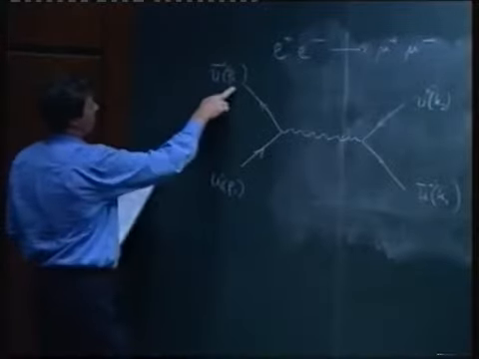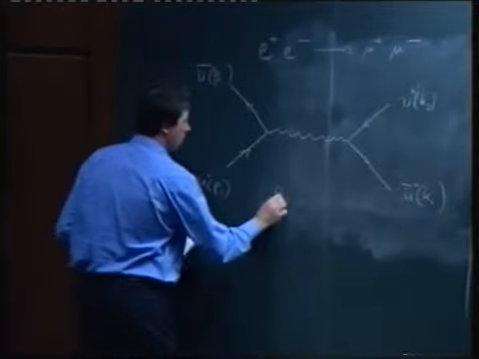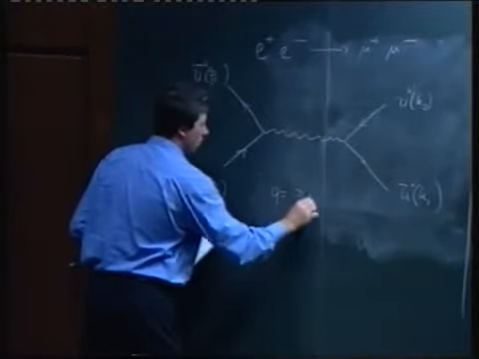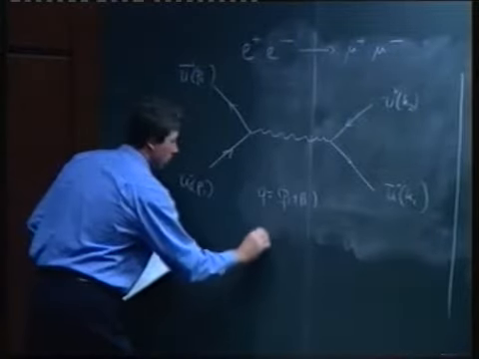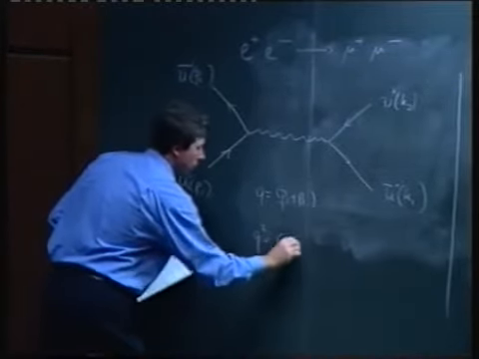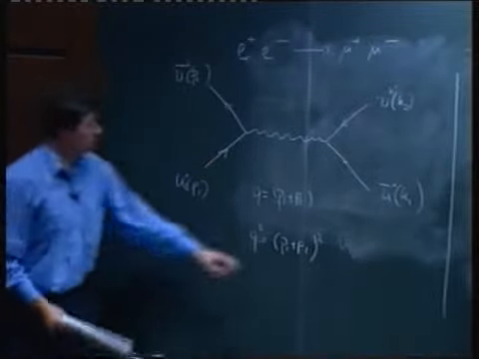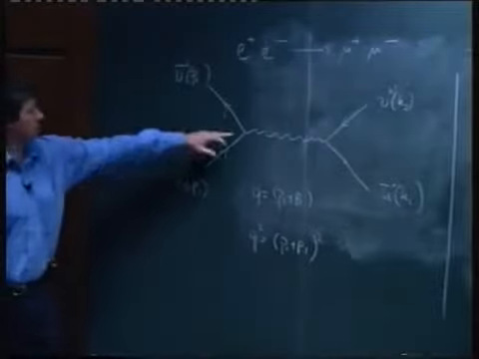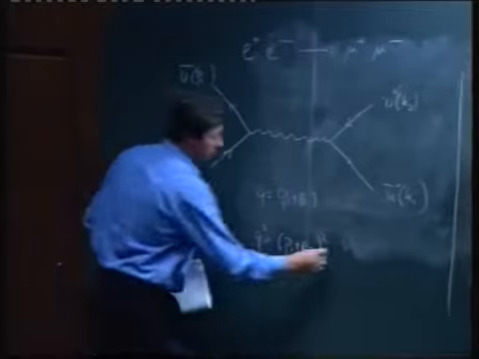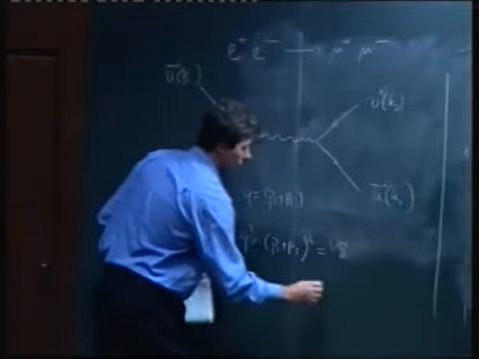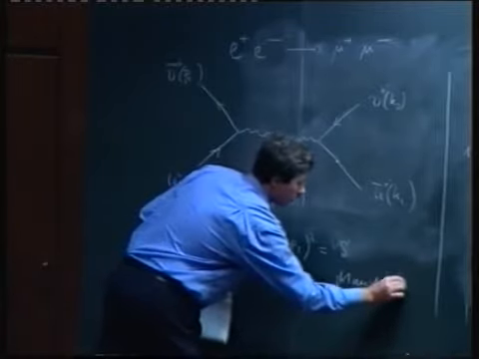So I have an incoming momentum P2 and an incoming momentum P1. So Q is equal to P1 plus P2. And the square of Q, P1 plus P2 squared, that's actually the center of mass energy squared of these two states. And that's usually denoted by S, which is one of the Mandelstam variables.